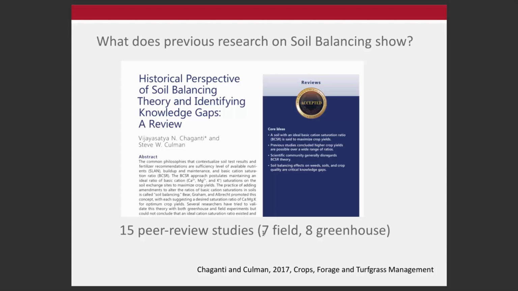We found, shockingly, 15 peer-reviewed studies, 7 field studies and 8 greenhouse studies, that reported on this. So this might sound like a lot, but for a concept that's been around for over 100 years, this is a really, really small number.